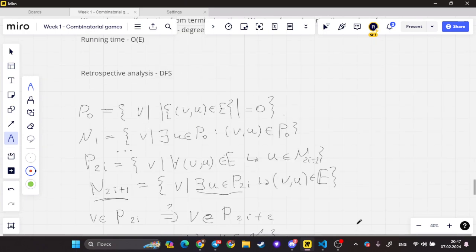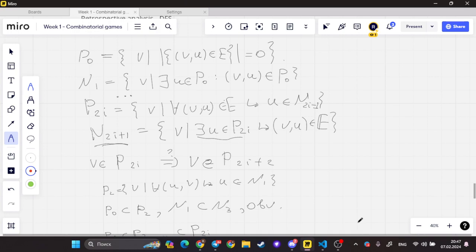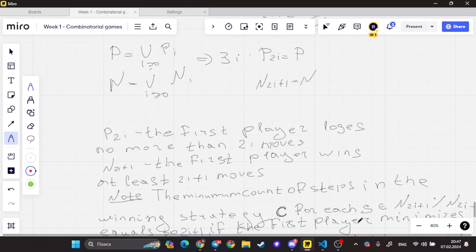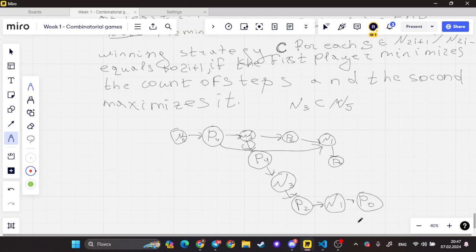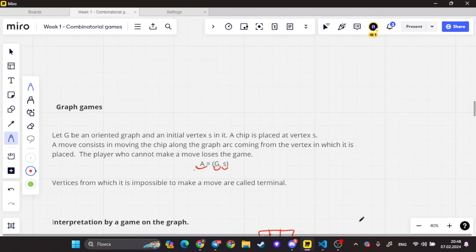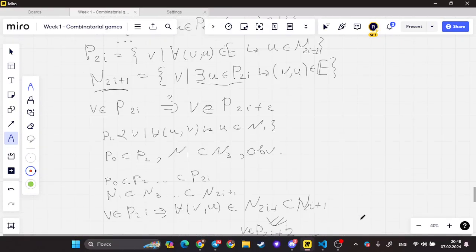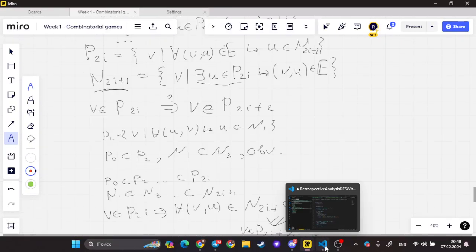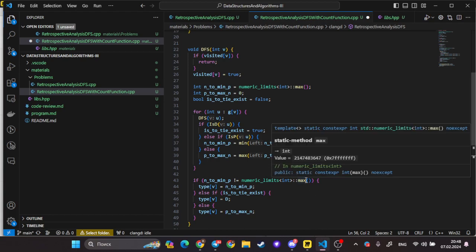Why do we learn combinatorial games? No questions. This retrospective analysis is very useful in machine learning.